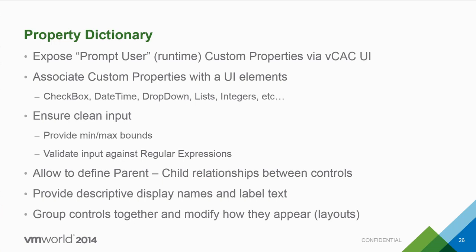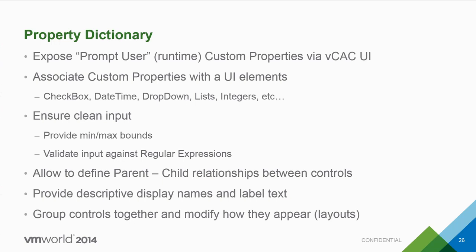So it can validate the input and make sure that whatever the user entered is validated before it gets requested, before it's too late. It also allows you to define parent-child relationships. So if you enter one value in one field, then it will automatically populate the other field with the choices that correspond to that one value.